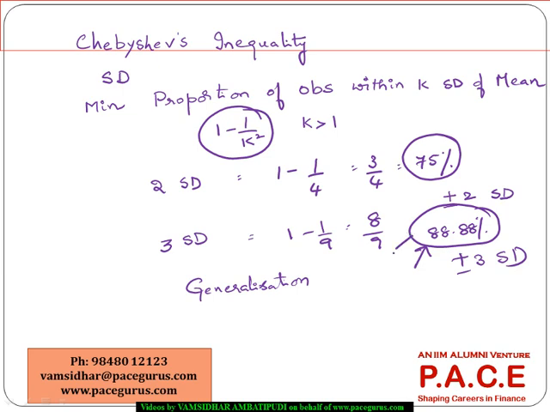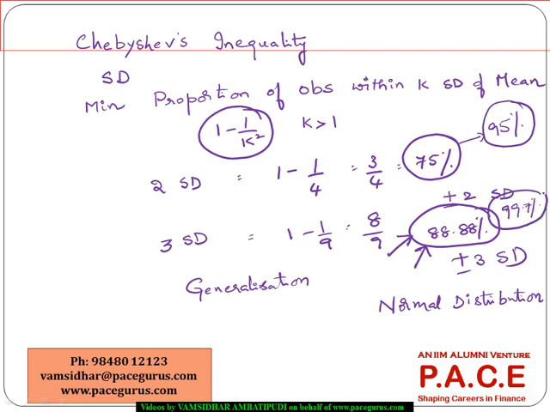But depending on an appropriate distribution, this can grow. If the data follows a normal distribution, which we'll cover in later sessions, almost 95% of the observations lie within plus or minus 2 standard deviations, and almost 99.7% lie within plus or minus 3 standard deviations.